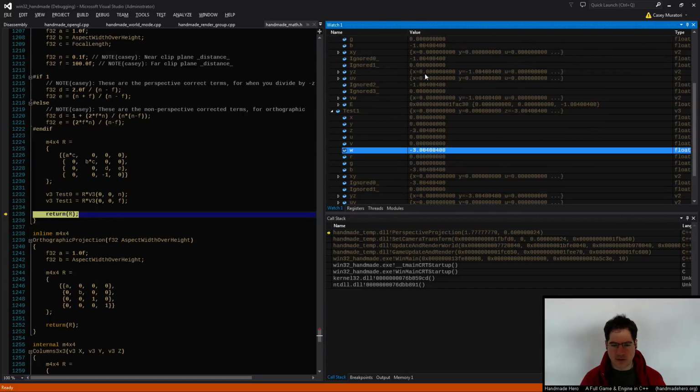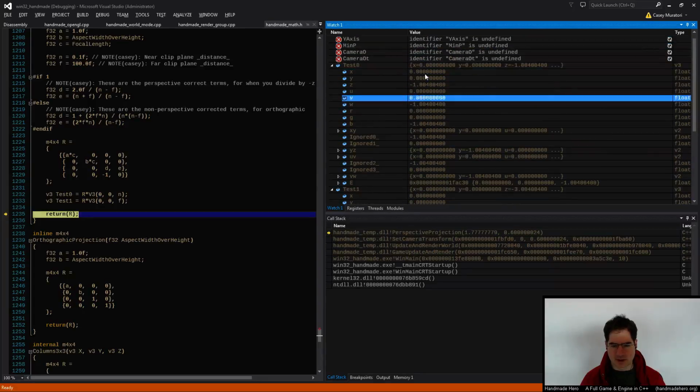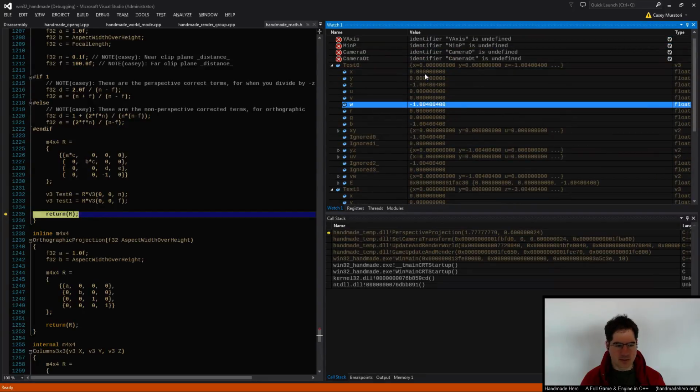First of all, one of them should be positive and one of them should be negative, as just a start, right? Because we know that the near clip plane and the far clip plane are supposed to map to opposite sides. They're supposed to map to -1 and 1.